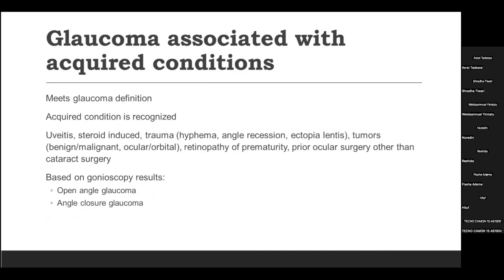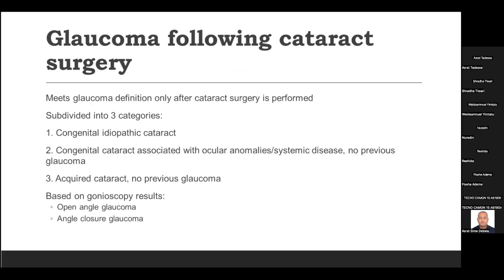Again, it meets the glaucoma definition, and the acquired condition is recognized: uveitis, steroid-induced, trauma, for example hyphema and angle recession, tumors which can be benign or malignant, retinopathy of prematurity, and prior ocular surgery other than this. Open angle glaucoma or angle closure glaucoma is the mechanism; it's the type of glaucoma that can be associated.